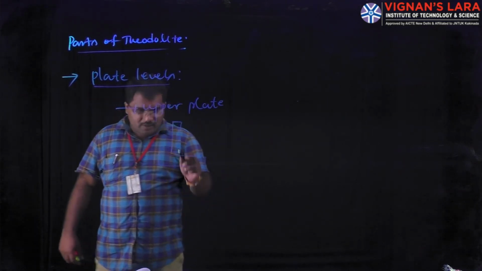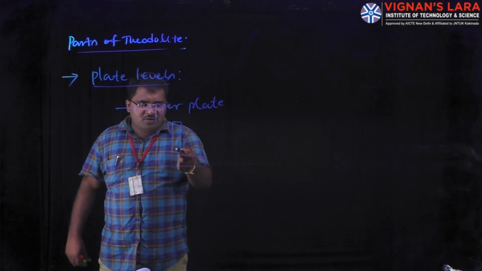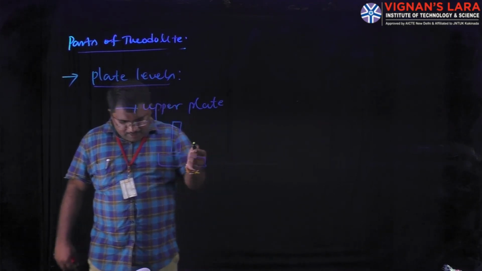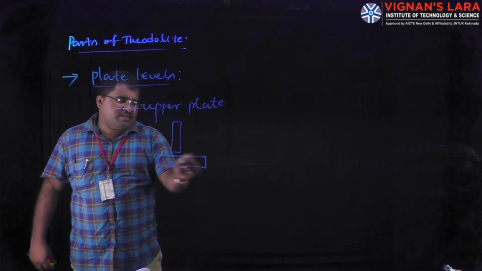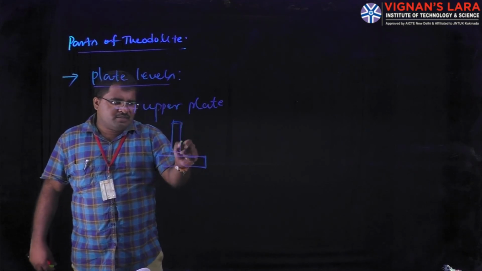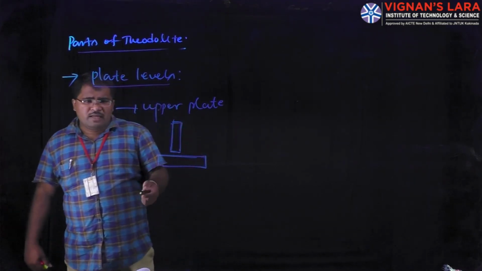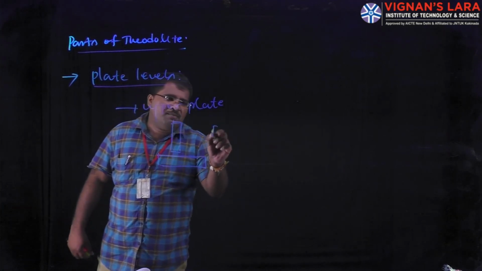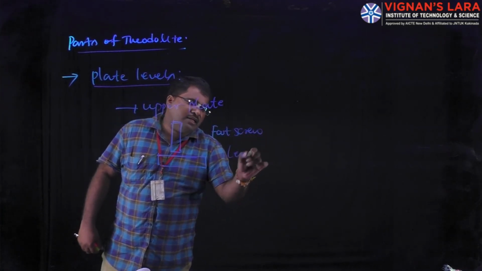One of the levels is kept parallel to the trunnion axis and the other is perpendicular to it. One is like this, another one is like this. With the help of these we are going to make the instrument level with the help of the foot screws. By adjusting the foot screws we are going to level it.